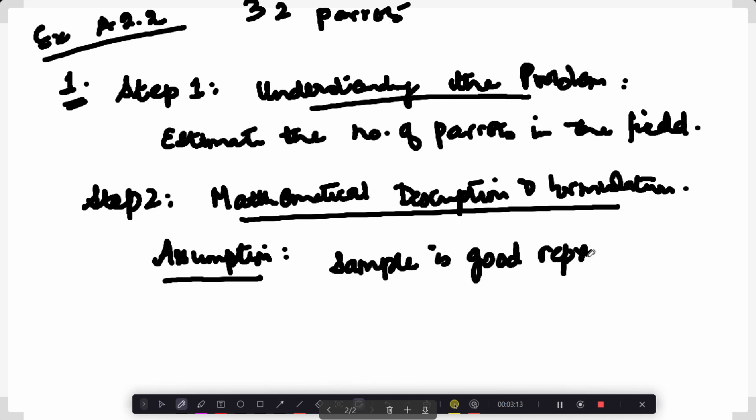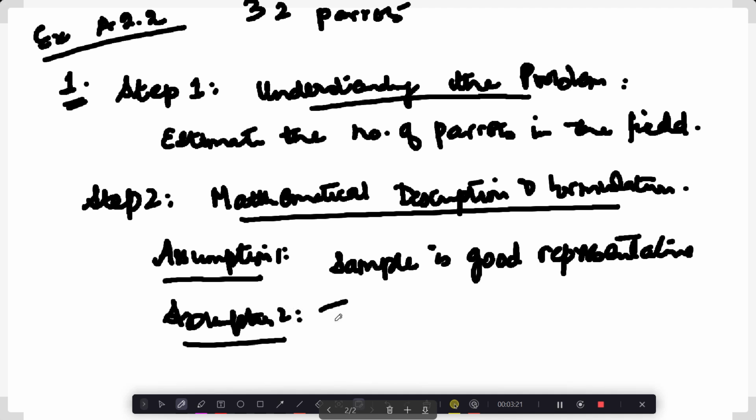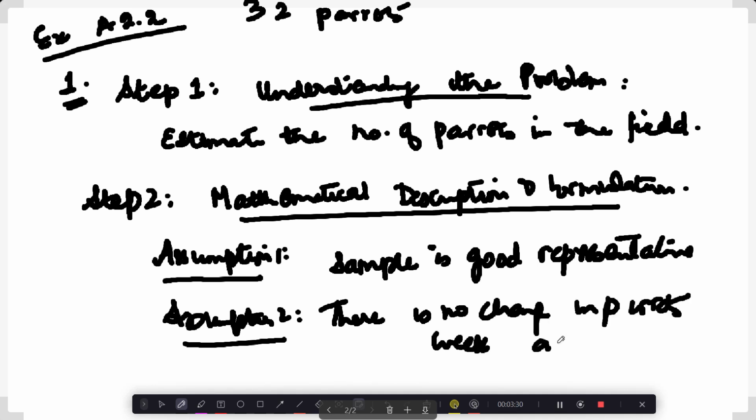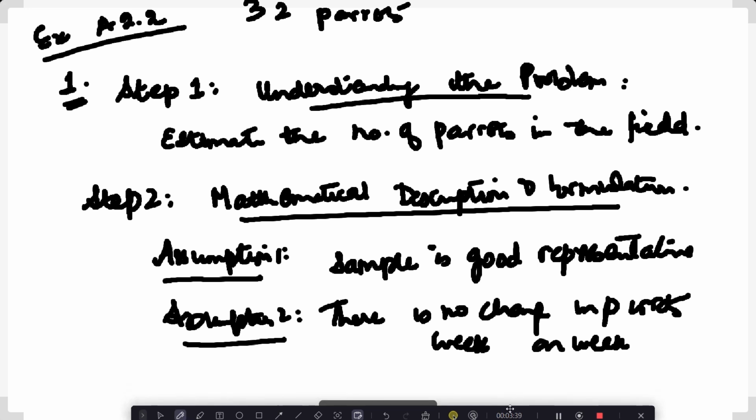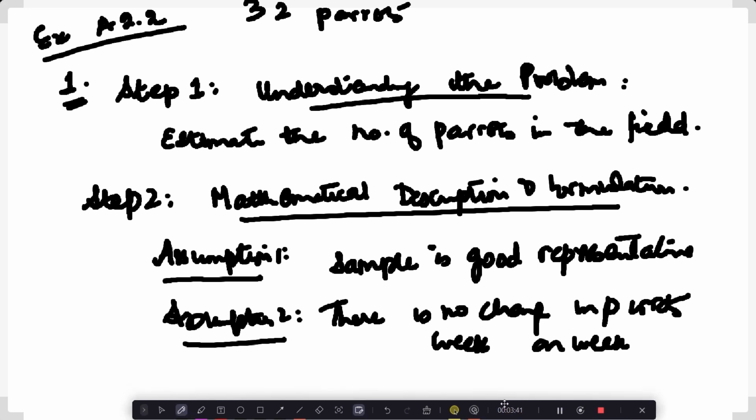The second thing we have done is that, because she is coming in the second week, there is no change in the number of parrots week on week. It's not that some migrated, or there are new parrots being born, or some parrots died. Net there is no change, the total remains the same. I think that's the second assumption.